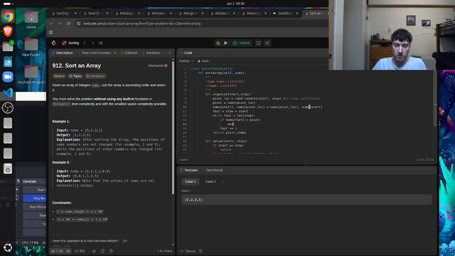Then we swap, okay, so nums of slow, nums of fast is equal to nums of fast, nums of slow, like this.